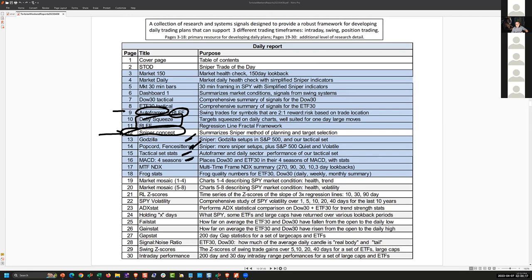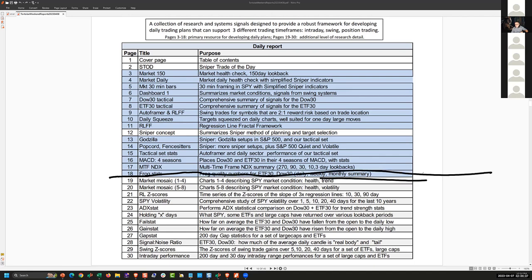There's a table that shows the MACD 4 seasons, the multi-time frame index, and some frog statistics. So these are all little pieces and parts and builders of different systems and strategies. Those are all actionable and lead directly to trade frames or even mechanical rule sets.